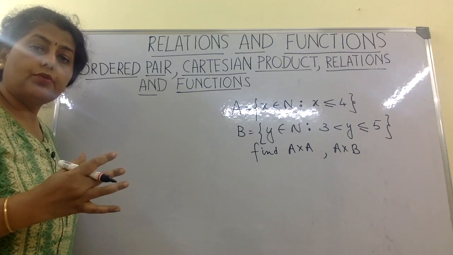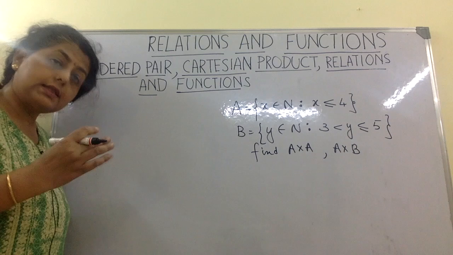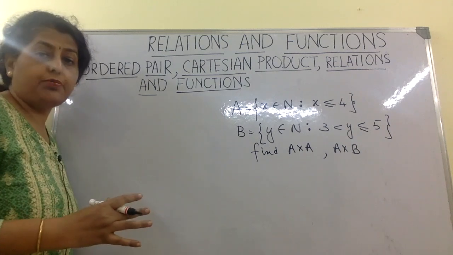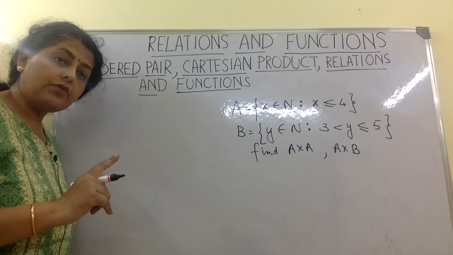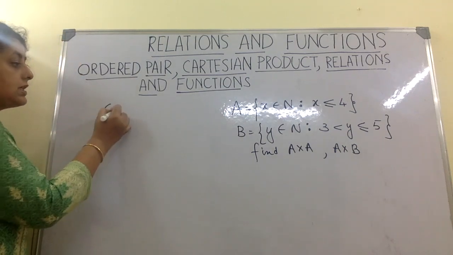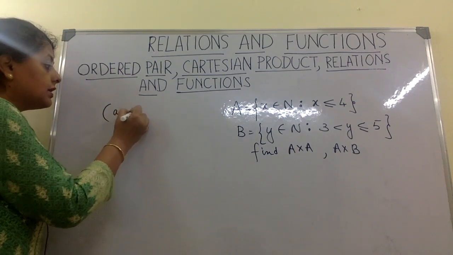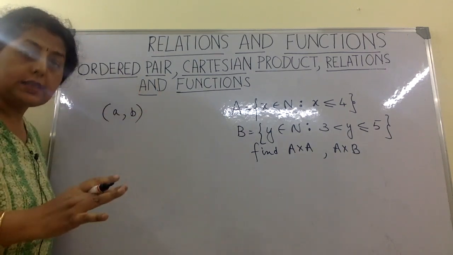What is a Cartesian product? Now Cartesian product is again another set. It is a set of ordered pairs where the first element of the ordered pair, that is A, will be taken from one set, and the second element, that is B, will be taken from a different set.